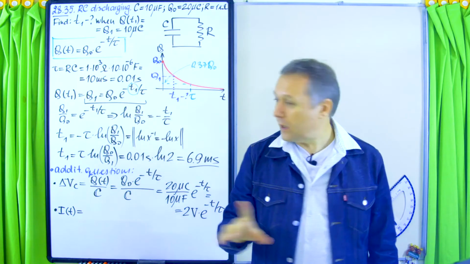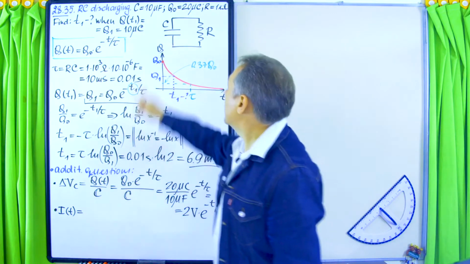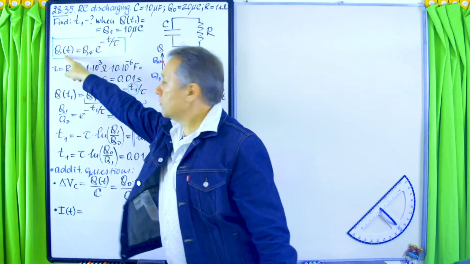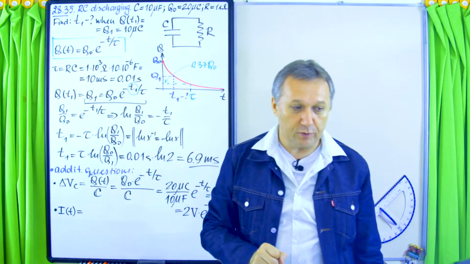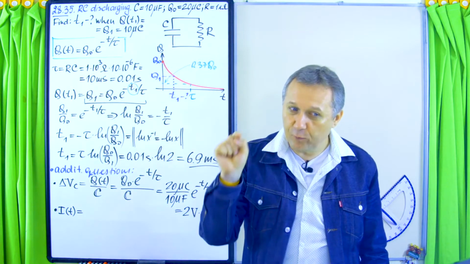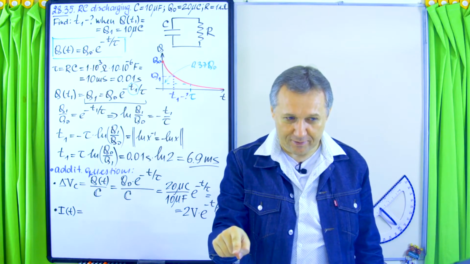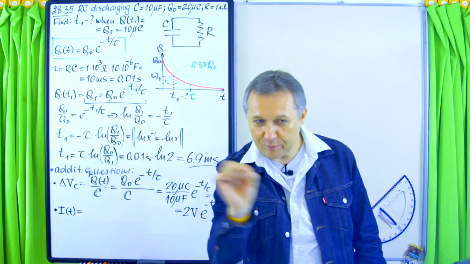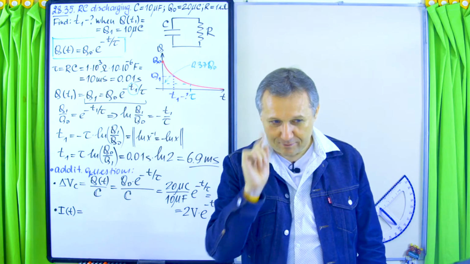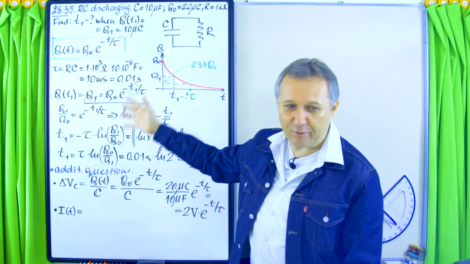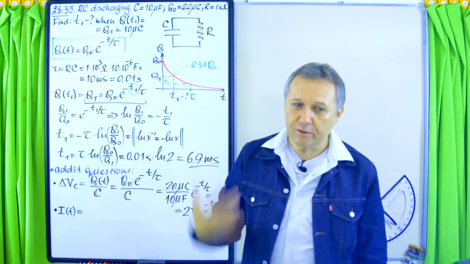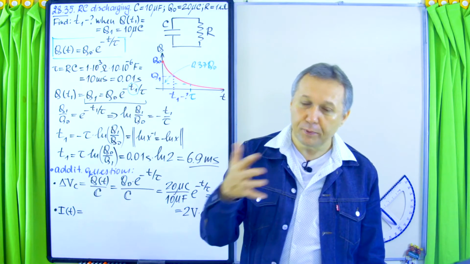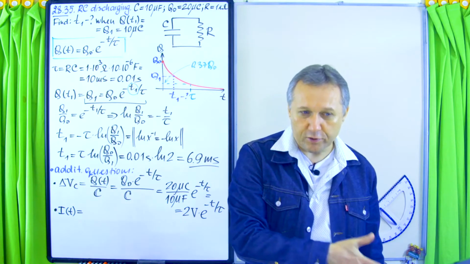For charging, I was equal to dq over dt, basically the derivative of q with respect to time, but with a plus. But for the discharging case, the relationship has a minus. You remember I spent about 5 minutes, in a digression, justifying the plus sign for the charging situation.